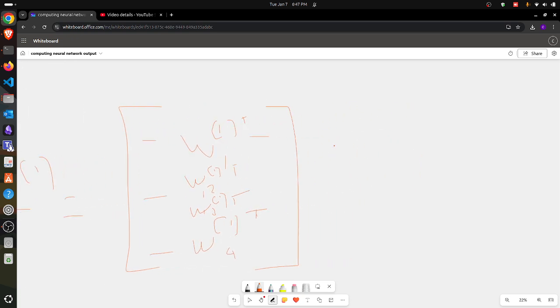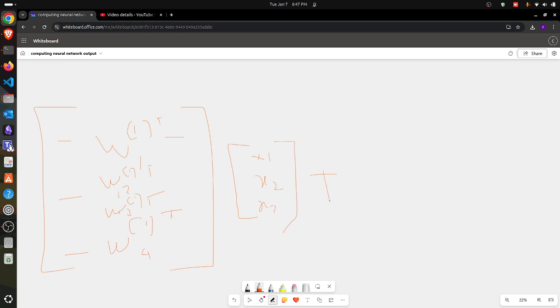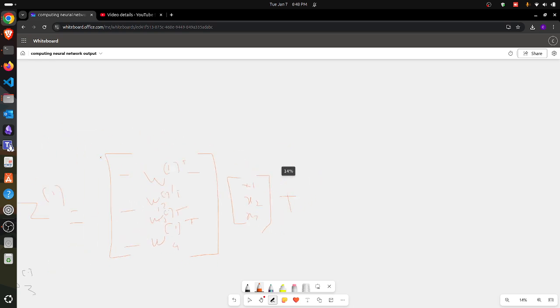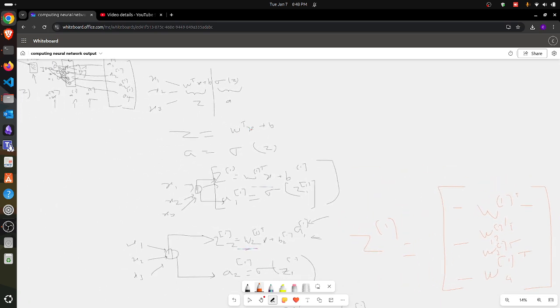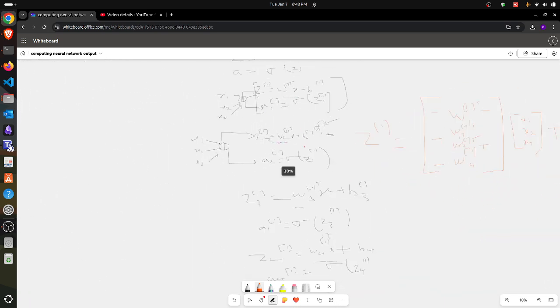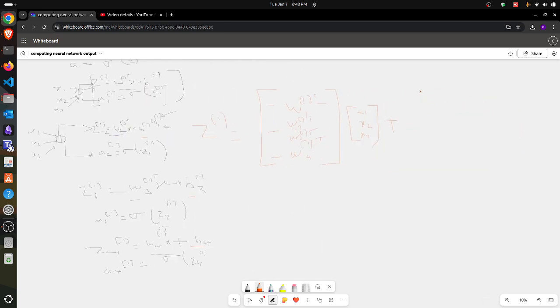And now we're going to matrix multiply this with x1, x2, x3, and we're going to add b from these things. So as you guys can see, we're going to add b1, b2, b3, b4 into these matrices.